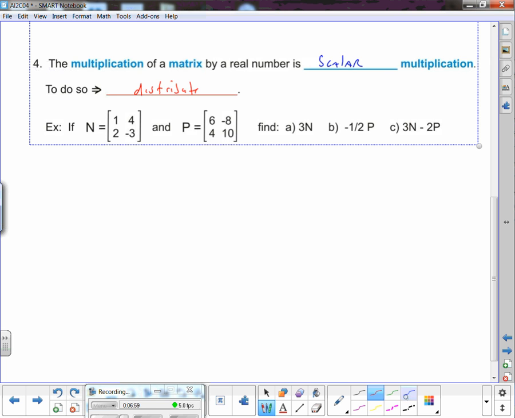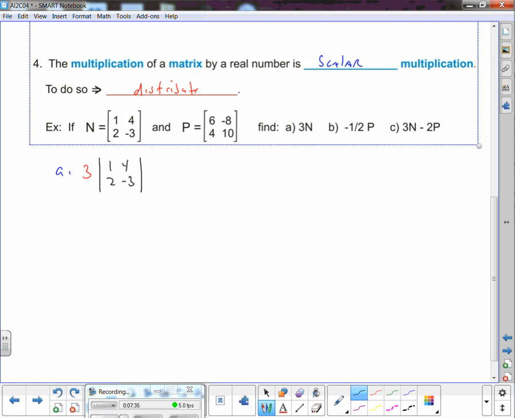So just to be clear, as we do a couple of examples. They gave you example: matrix N is a 2 by 2 and matrix P is a 2 by 2. The first one says 3N. So we'll do this once. I don't know that we'll do this every time. But just to be clear, you're simply going to multiply that matrix by a 3. They may ask you, hey, do 3N. Or you may just have a problem like this.